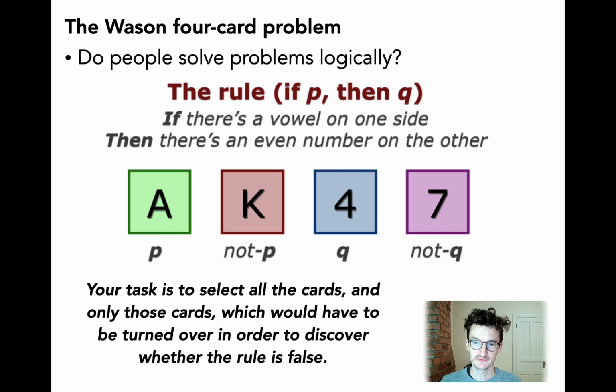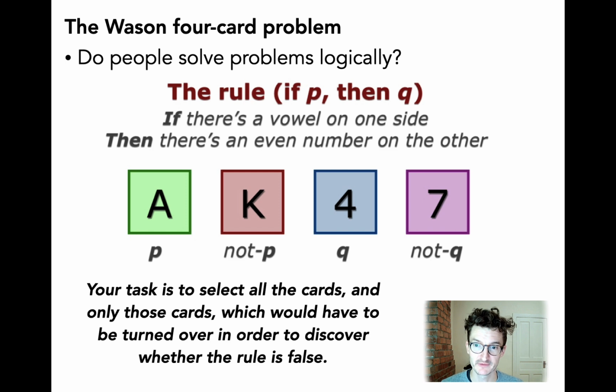What's nice here is that because this is set up as an if P then Q statement, we know that there are only 2 possible cases that can lead to some logical conclusion. Put another way, there are 2 cases here that we can use to falsify this rule. If P is true, then Q must be true.